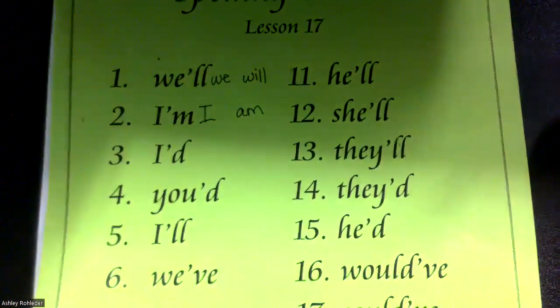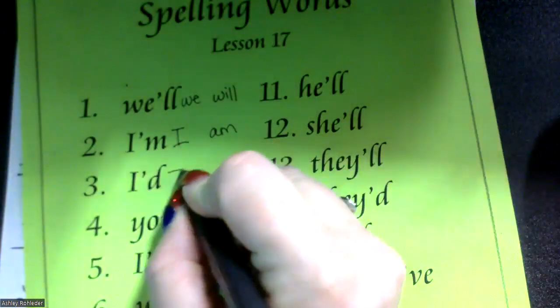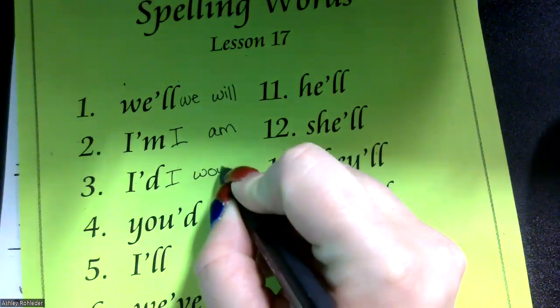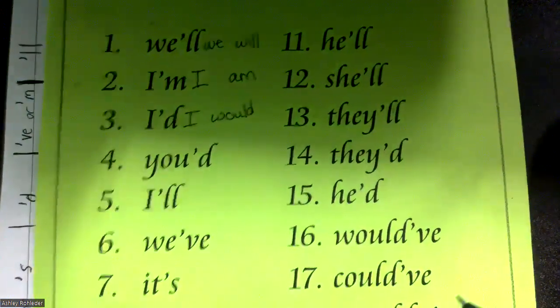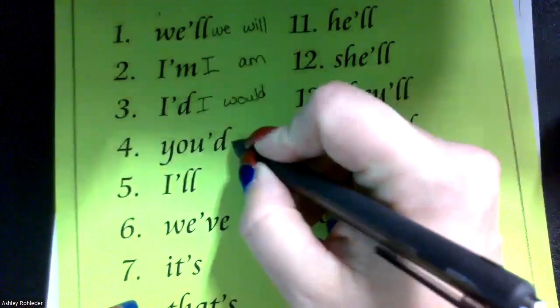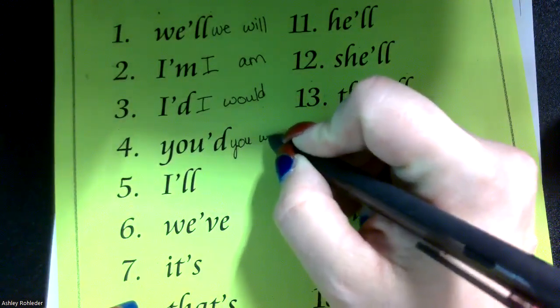I'd is a contraction for I would, I had, I did. Okay. You'd is a contraction for you would.